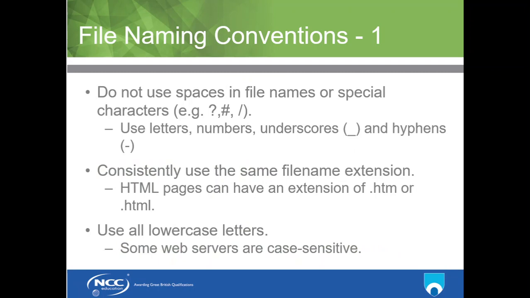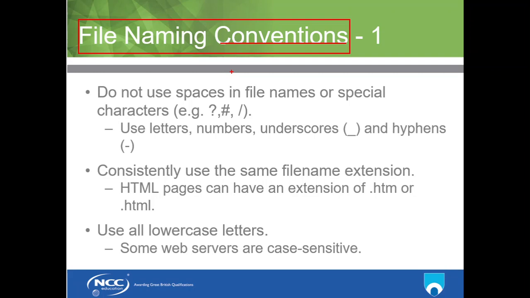Okay, so let's move on and look at some file naming conventions. A convention is an agreed way of doing things in programming, as I had mentioned earlier. So how do you name your HTML pages, your CSS pages? How do you name them when you're saving them?